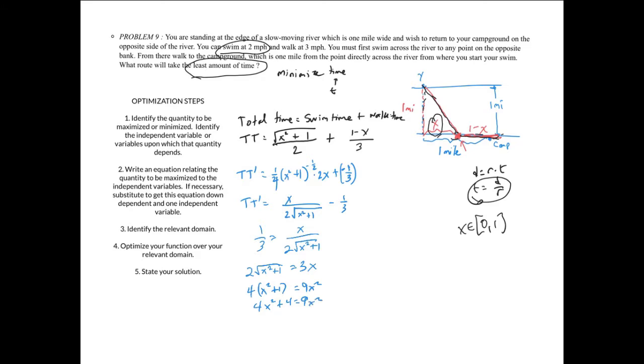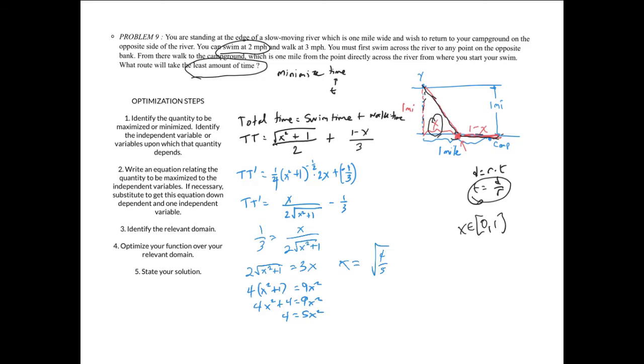I would subtract 4x squared from both sides, divide by 5, and then take the square root. So that's basically x is the square root of 4/5. I could simplify that, but I'm not interested in doing that right now. I should have a plus or minus, but again, the negative is not in the relevant domain, so I don't care about it.